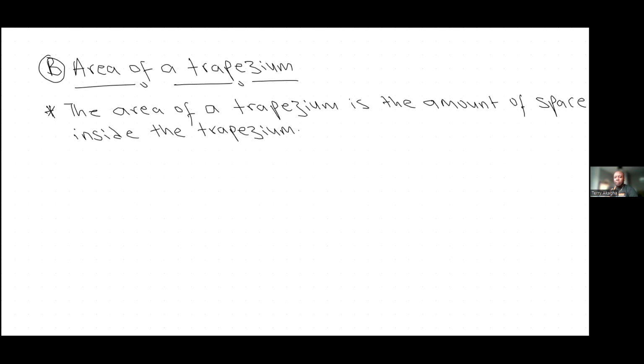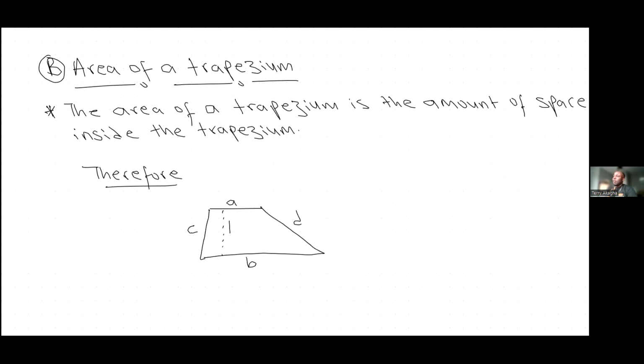So basically, we said the trapezium looks like this. So the two parallel sides, we called A and B. The other two sides, we call C and D. And the vertical height, we called H, right?